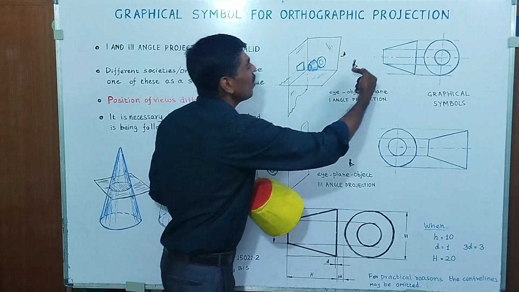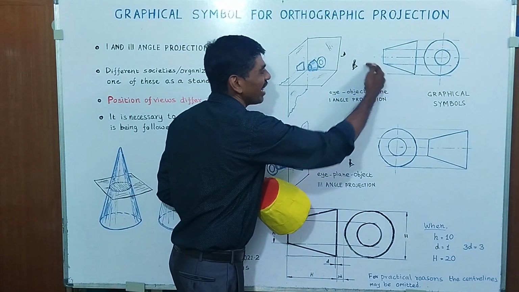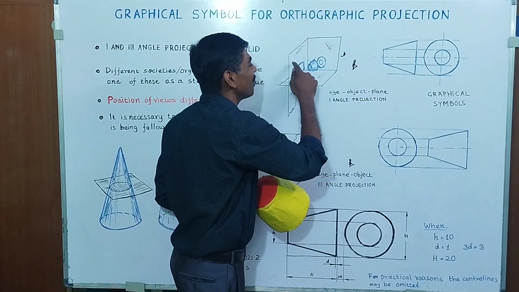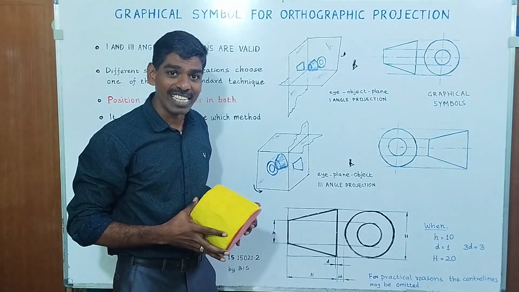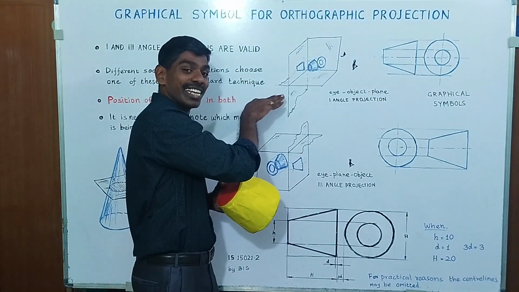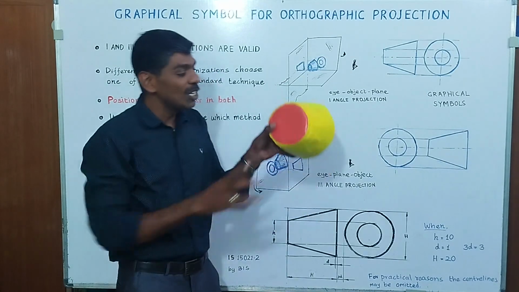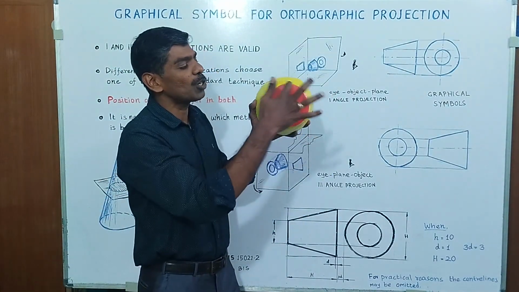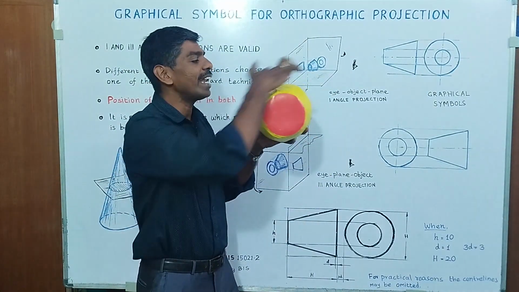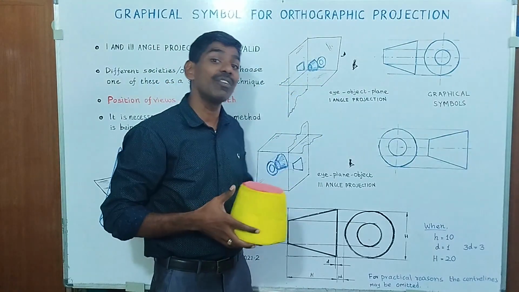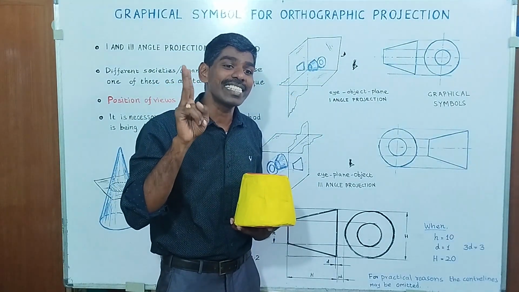Here, when we look at this object from this direction, we see this as the front view. In the same fashion, if we look from this direction, we will be able to see two circles: one, the top of the surface, and another, the bottom. Here we get two concentric circles.